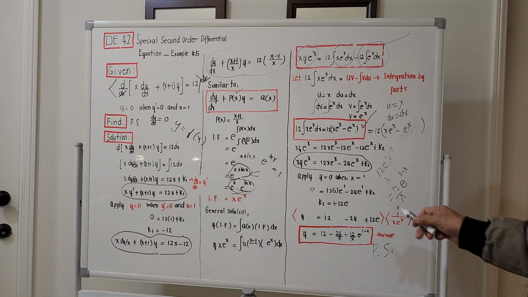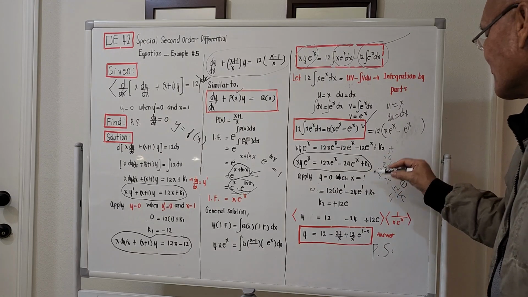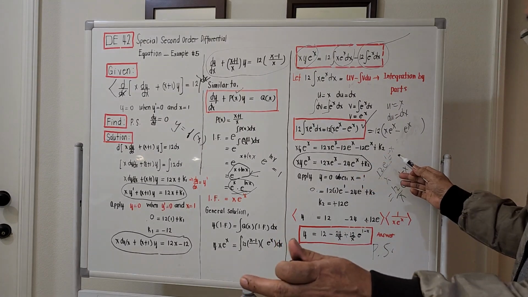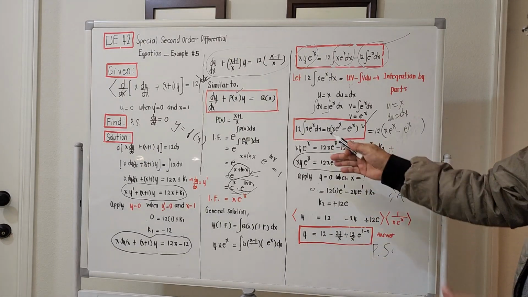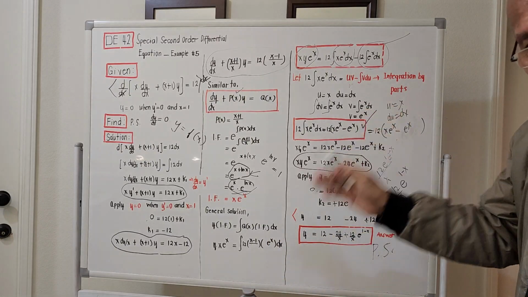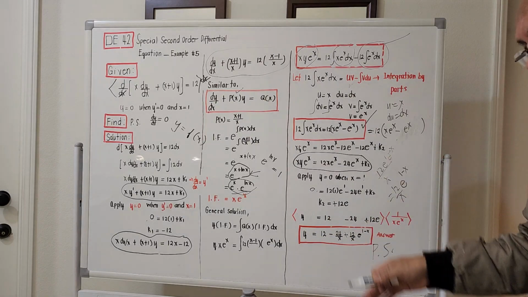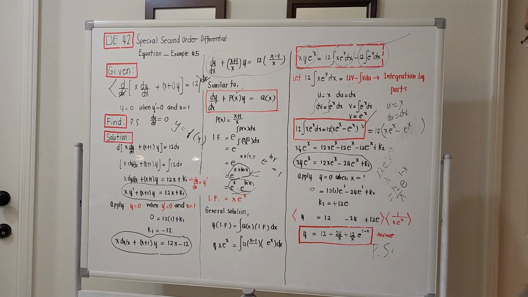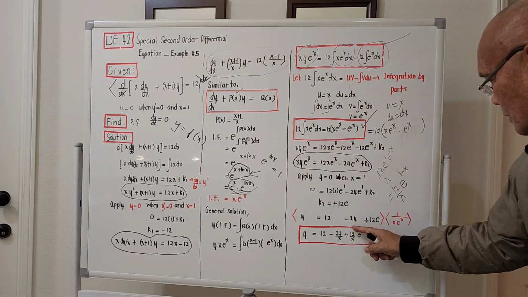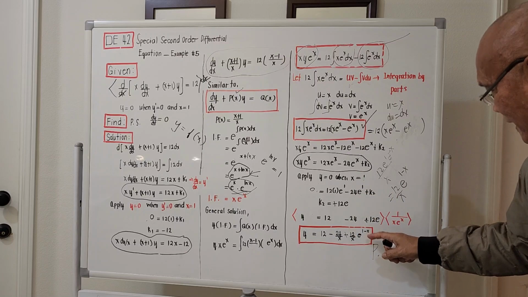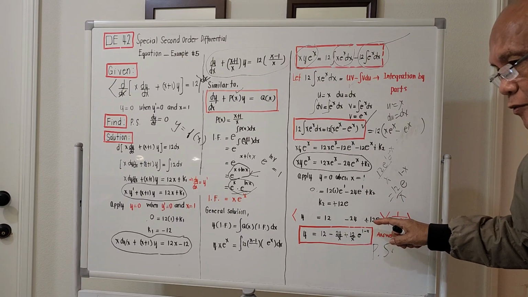Actually, you can give this one now as your solution here after placing k2, but since there are some common terms, we try to eliminate the common terms to make the particular solution simpler. So the resulting particular solution is y equal to 12 minus 24 over x plus 12 over x times the quantity e raised to 1 minus x.